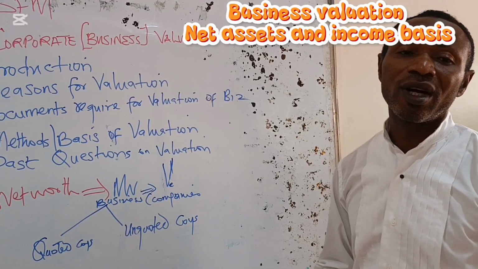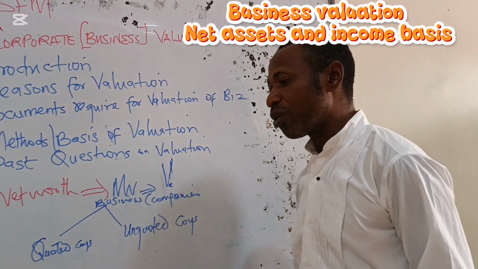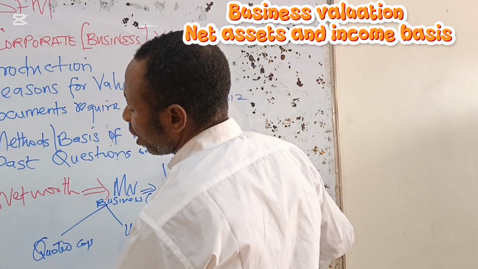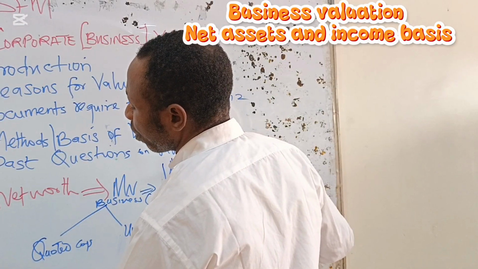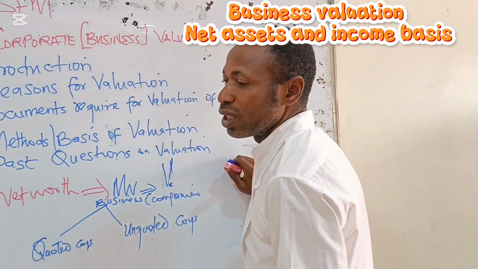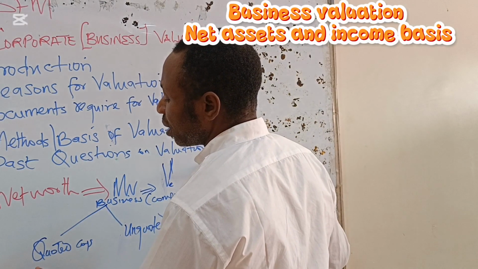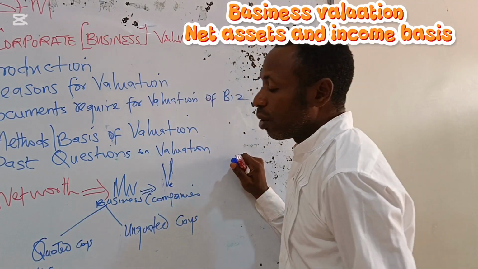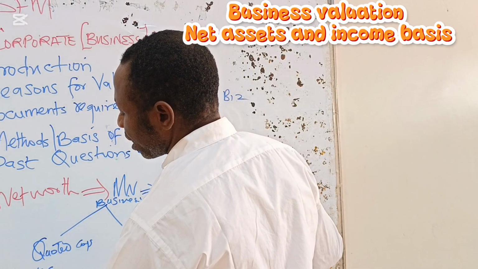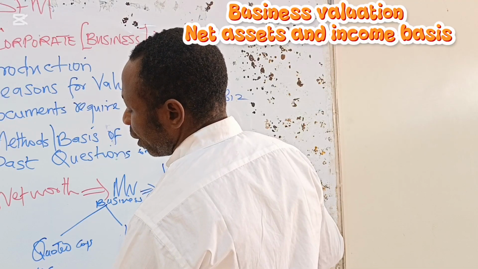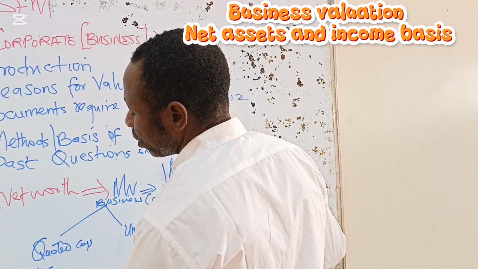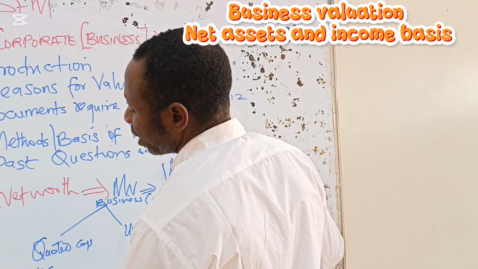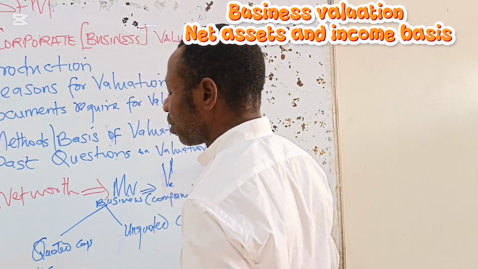So getting the value of a quoted company is as simple as the market capitalization. That is to know the market price per share of that company and multiply it by the number of shares in that company. The number of shares is gotten by dividing the book value of such shares over the nominal value of the share.